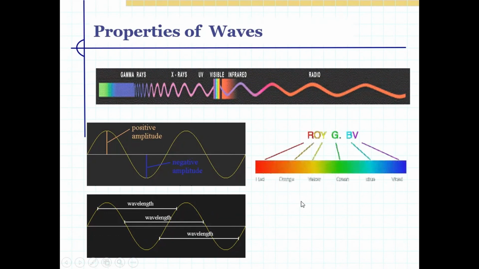And if you look at the visible light spectrum, it varies from the red region to the violet region, and it has the red, orange, yellow, green, blue, and violet colors, the colors of the rainbow.